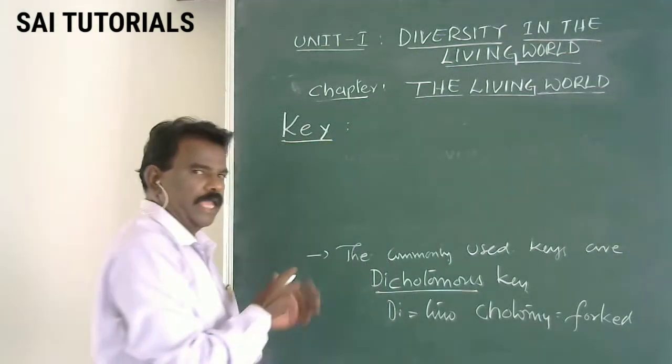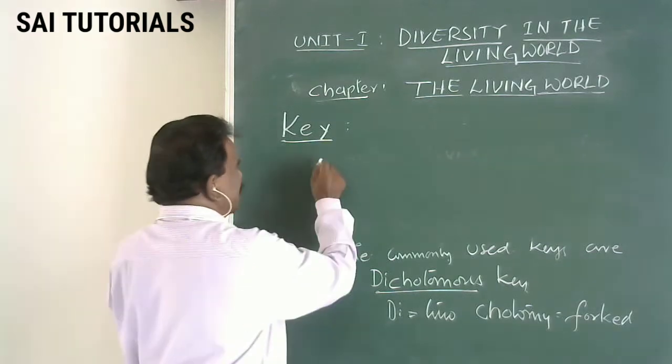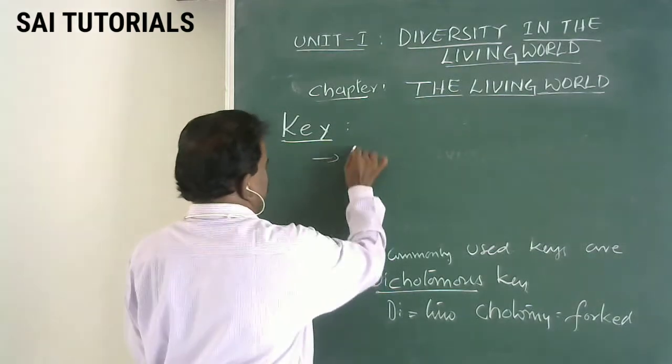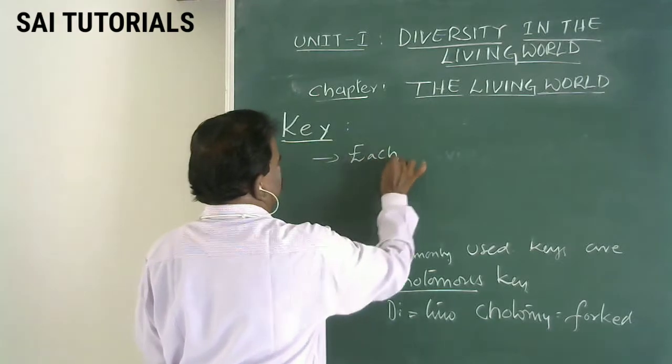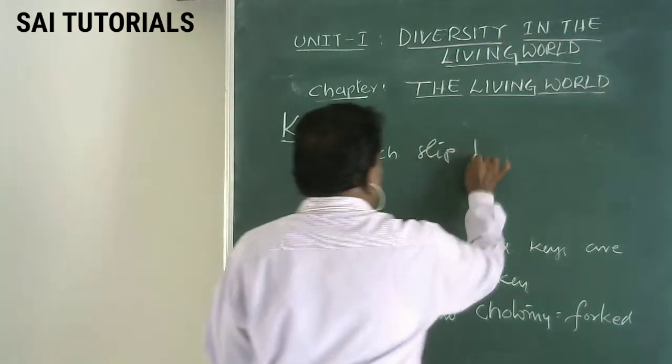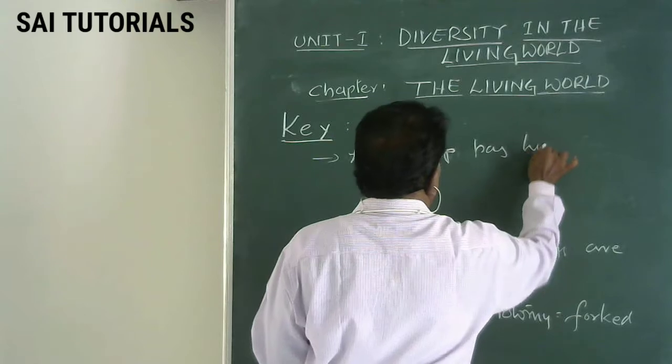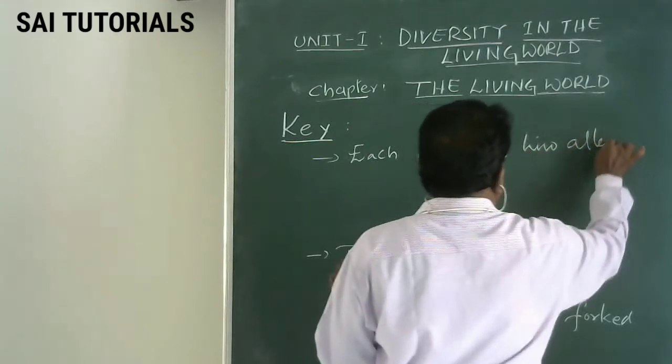A key is having two contrasting characters. Each step has two alternative forms.